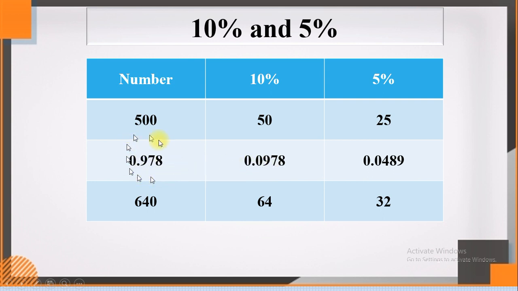This is the 10% of this number, and dividing this by 2, we will get 5% of this number. Similarly for 640, just move the decimal point from right to left by one digit, so it will become 64.0 or 64. So 64 is 10% of 640, and similarly 32 is 5% of 640 by dividing 64 by 2, because 5% is half of 10%. I hope you understand.